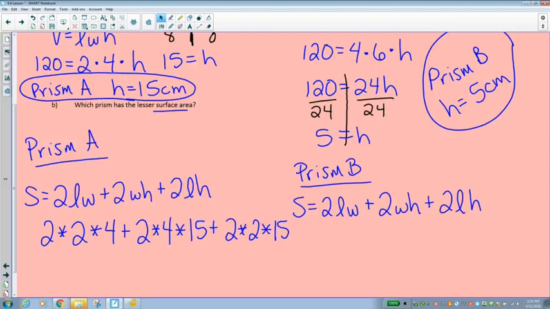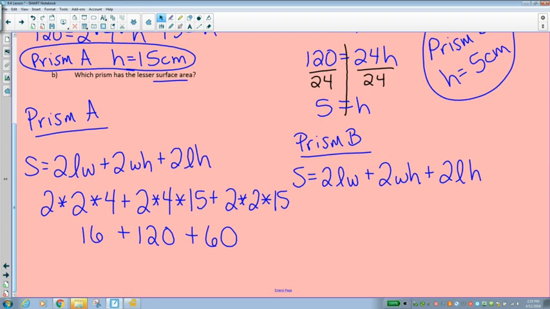So 2 times 2 is 4, and 4 times 4 is 16, plus 2 times 4 is 8, and 8 times 15 is 120, plus 2 times 2 is 4, and 4 times 15 is 60. And then when I add these values together, 16 plus 120 plus 60, I get 196 centimeters squared because we're now talking surface area.